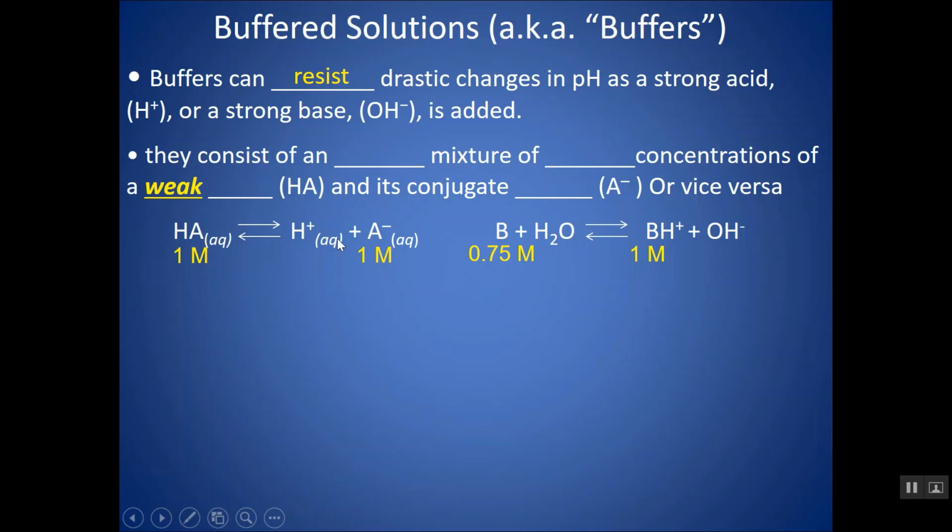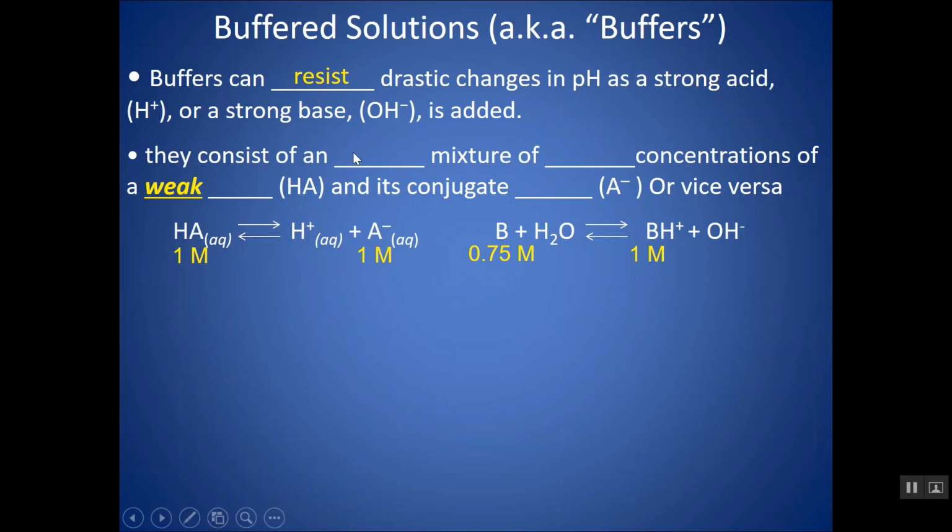So let's take a look at this equilibrium below. This is a weak acid ionizing into H plus and its conjugate base. Now we know weak acids don't 100% ionize, so we would always put those double arrows to show equilibrium. And then we can harness Le Chatelier's principle if we have changes in H plus concentration.